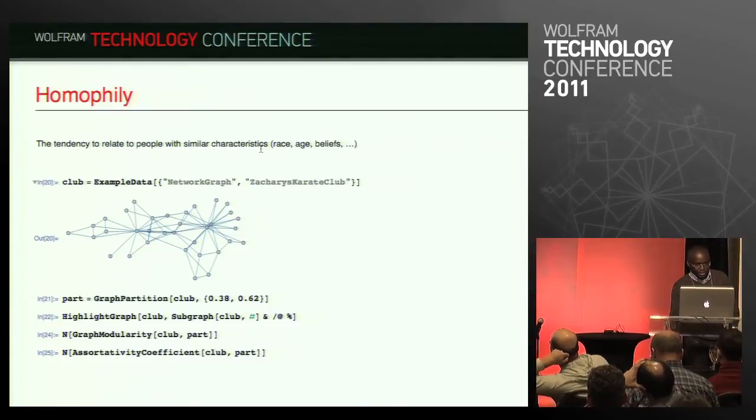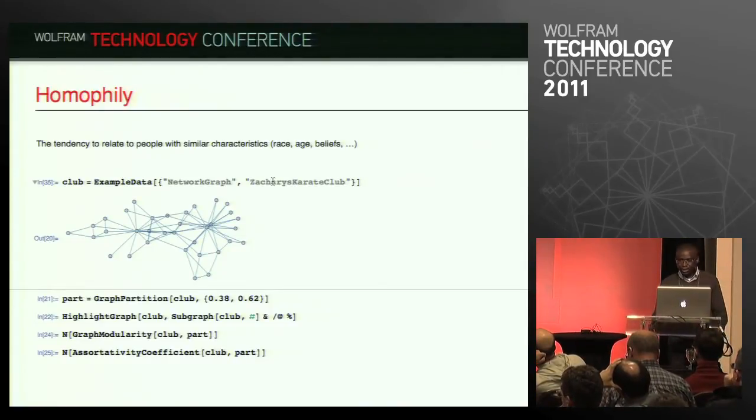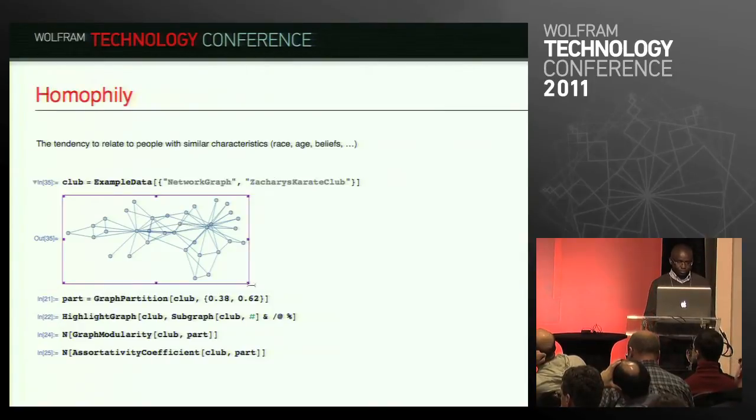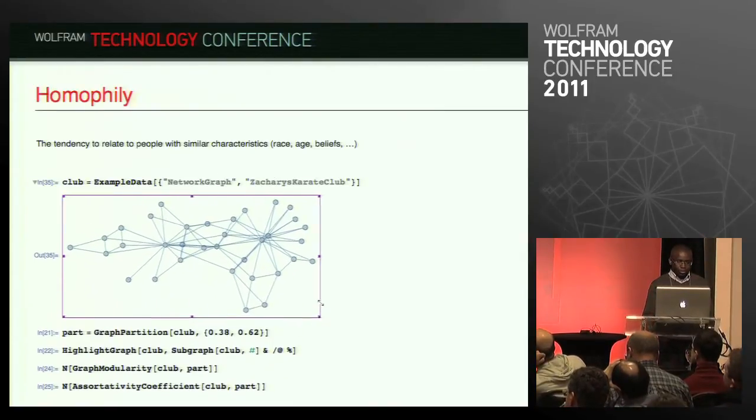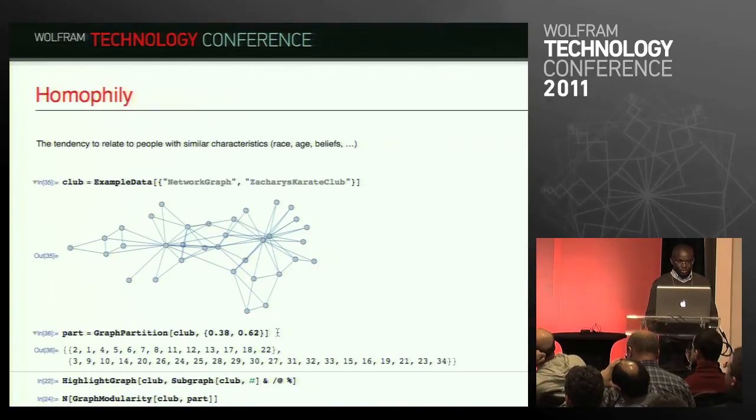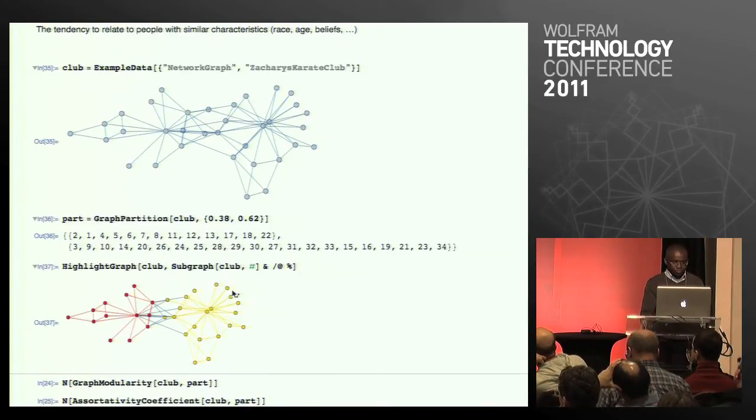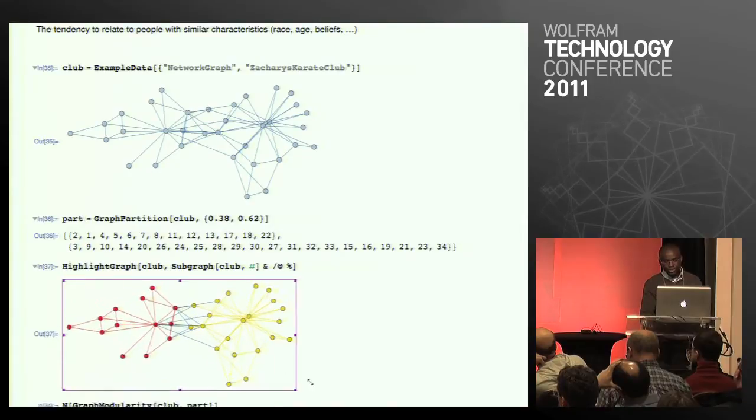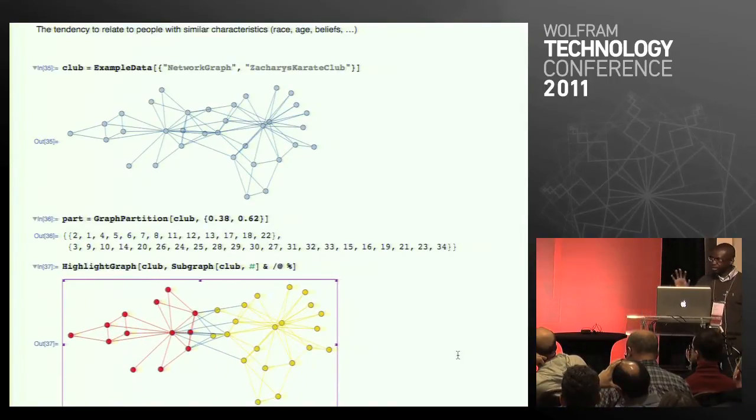In this case, it is an example of the Zachary Karate Club I showed earlier. You can take that graph and just partition it based on some parameters, which I picked appropriately, and then you can highlight them. All these functions I'm using are available in version 8, plus or minus a couple of them which are in version 9.